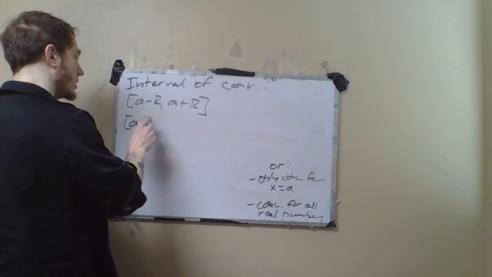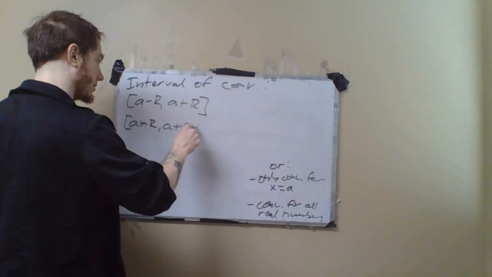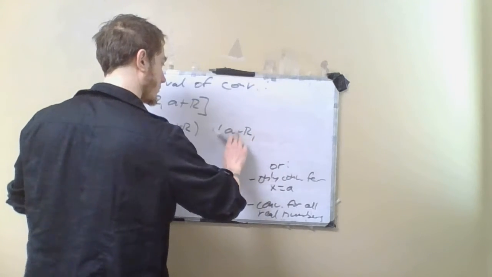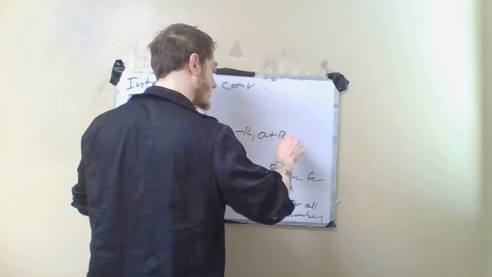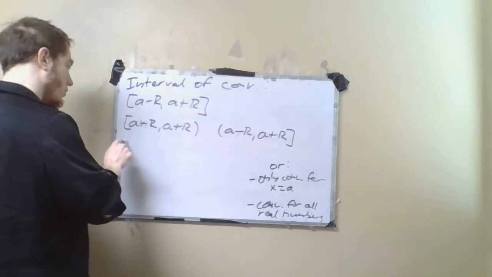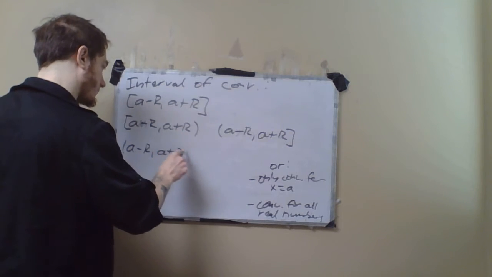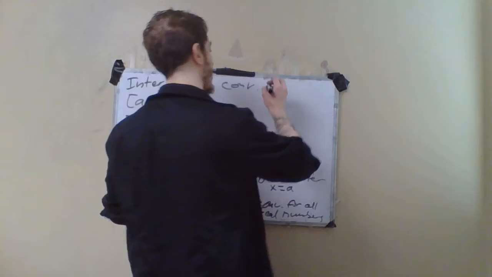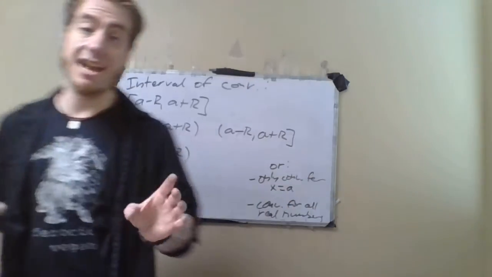It could include one endpoint and not the other. A minus r up to a plus r, or it could be that it has neither of them. So it might not converge at either endpoint. So you just have to check the endpoints separately.